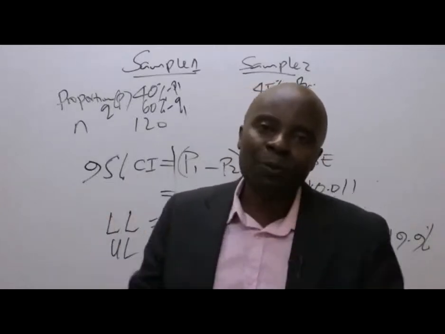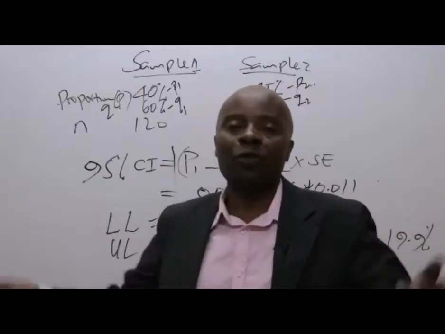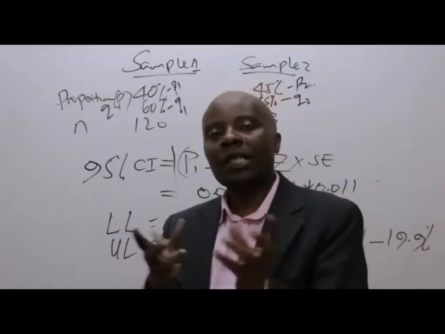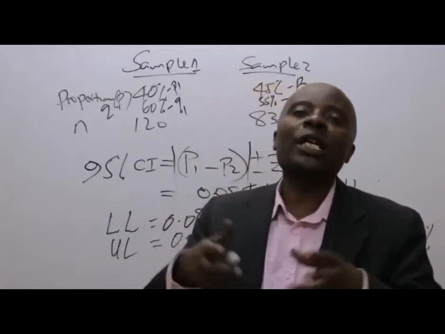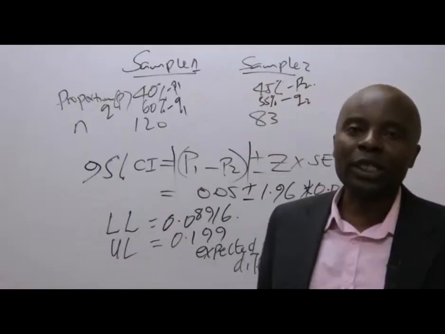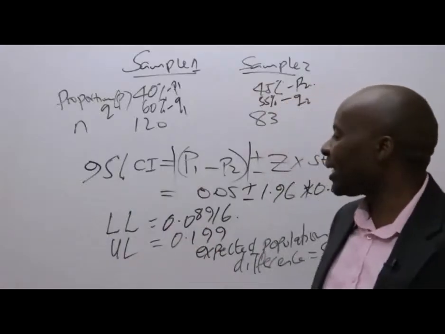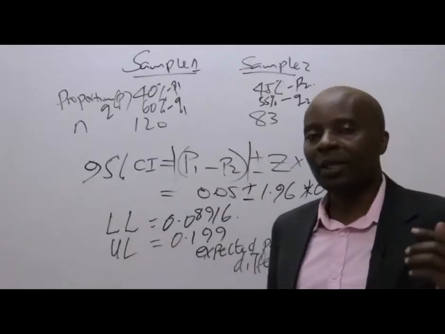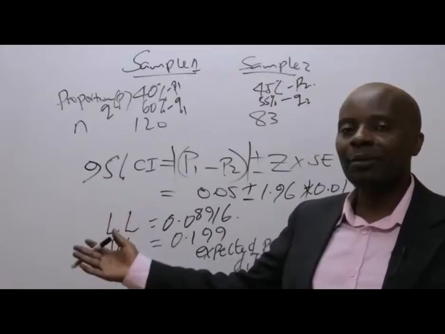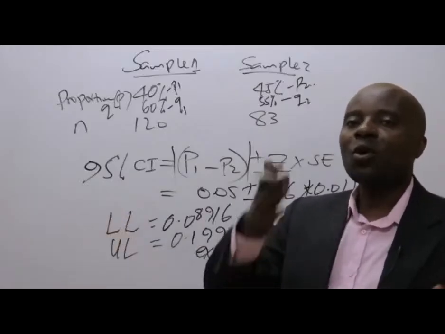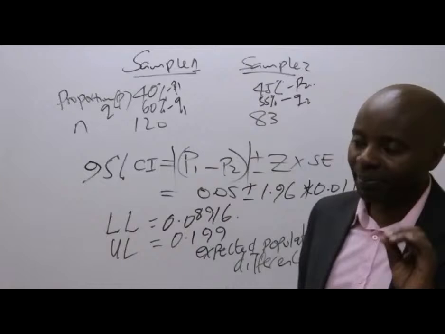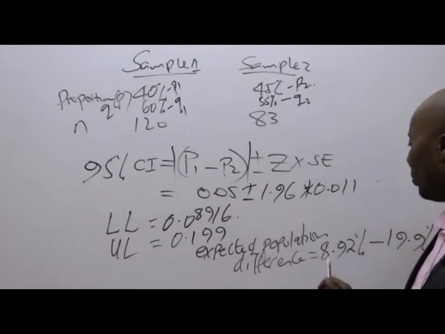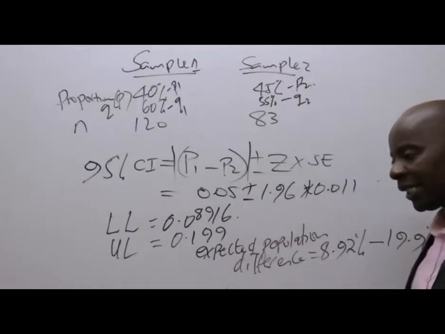Because given that we are drawing the sample from Kenyans, we expect the sample differences to be closer to zero. And that is why when we go to hypothesis testing, you will see the ideal situation. We should be getting the lower limit being negative and the upper limit being positive, meaning that zero is in between. For now, just master it this way, that what we expect to be the population difference will be falling in between there. For now, just master it that way.